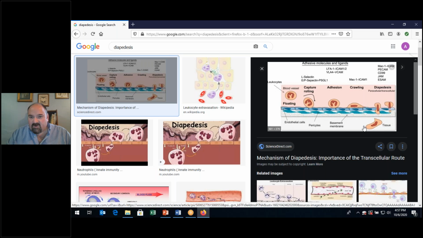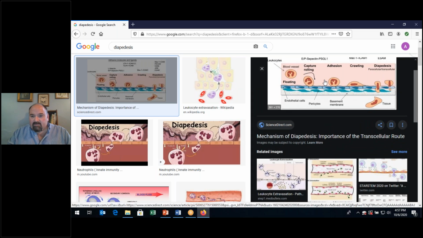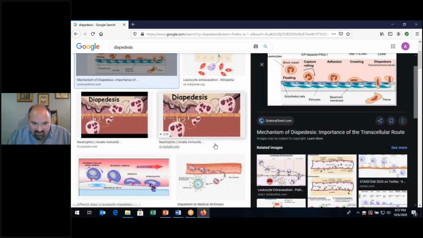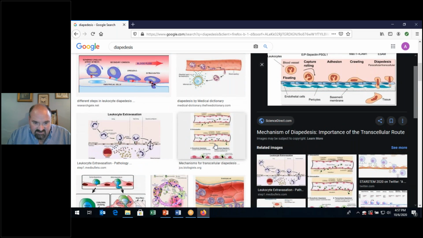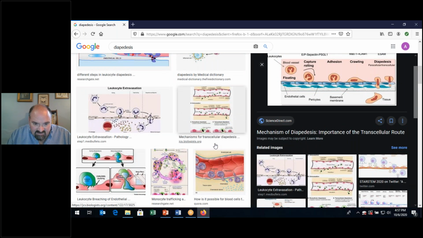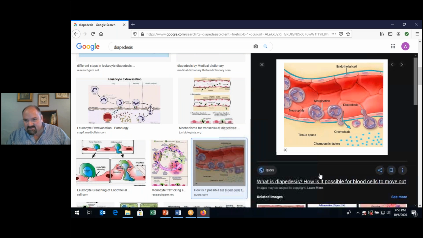So you're seeing here movement of white blood cells through the tissue and to the area of damage. I'm looking for another image that I've shown in the past that I really like. Here we go. Yeah, this is a good one.